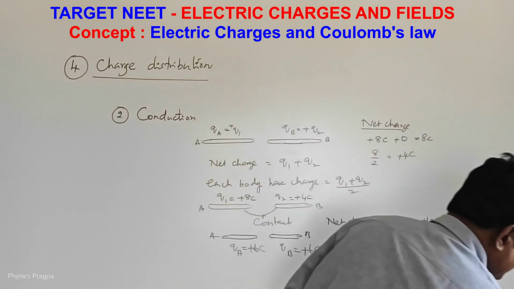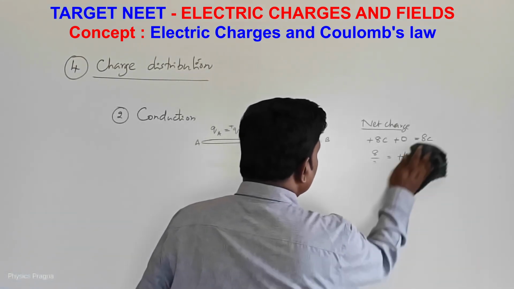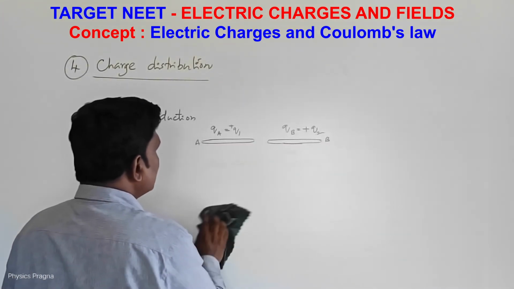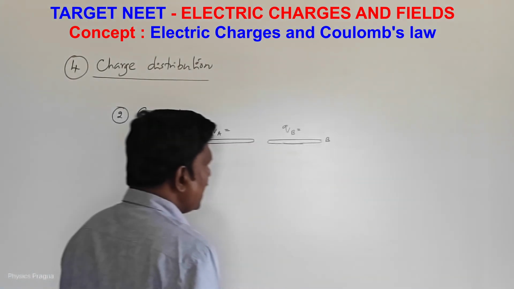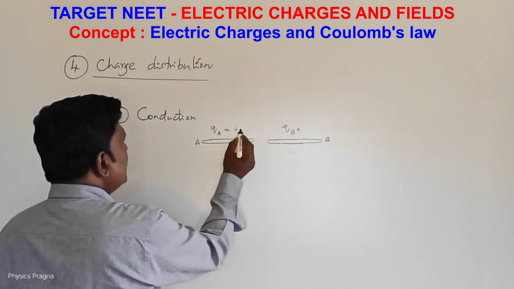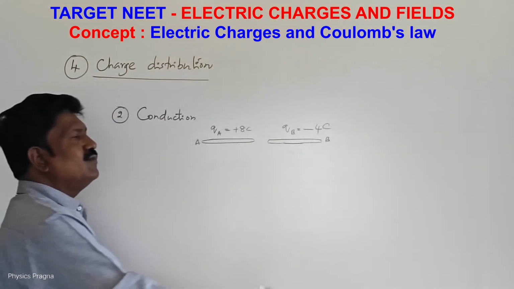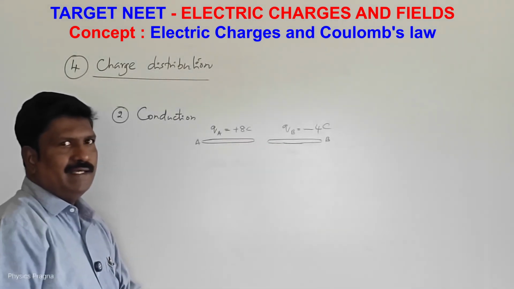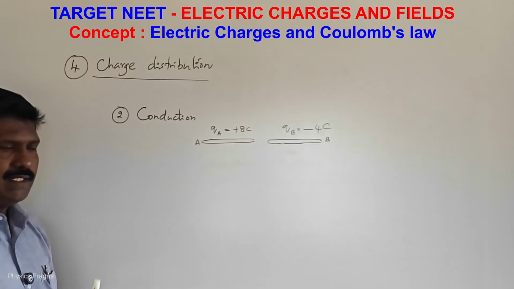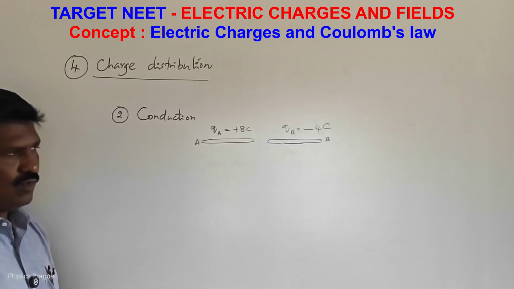One more example, let us see. What if this body is having plus 8 Coulomb, and this body is having minus 4 Coulomb charge. Now these both bodies are made into contact, so that the charge will redistribute, the charge will flow.